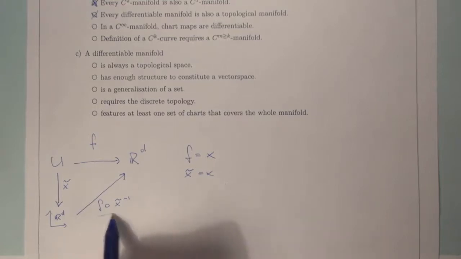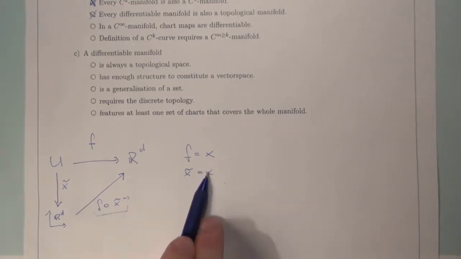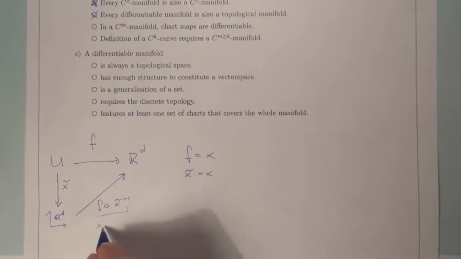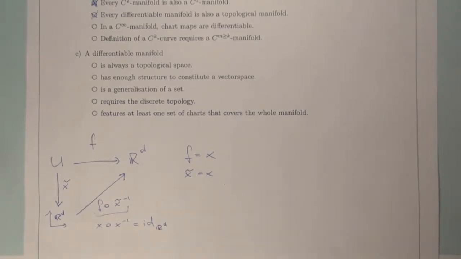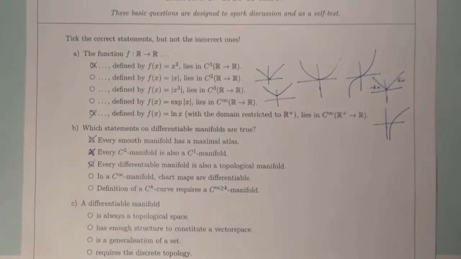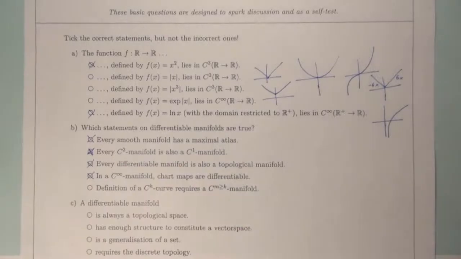And if we now consider this expression with the special cases in there, that's x after x inverse, which is of course the identity on Rd, that is clearly differentiable. Therefore, in a C infinity manifold, chart maps are differentiable.